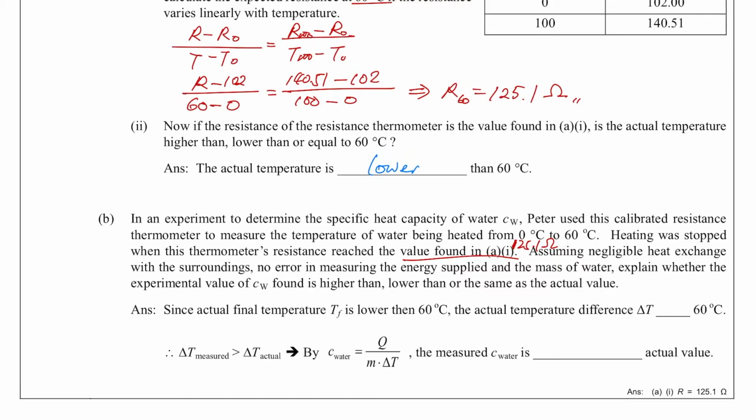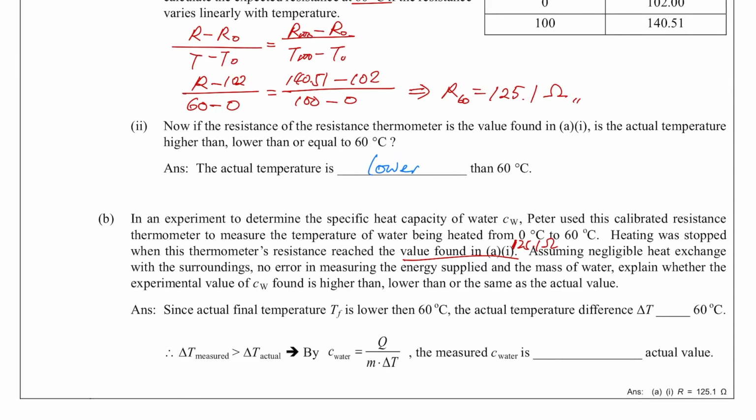Because Peter thinks that this is 60 degree, he stopped the experiment. So no heat loss to the surroundings, no error in measuring the energy supply and the mass of water. Whether the experimental value of cw is higher than, lower than, or the same as the actual value.